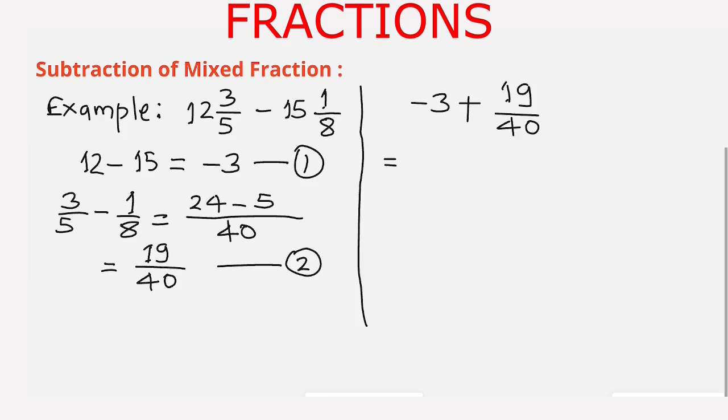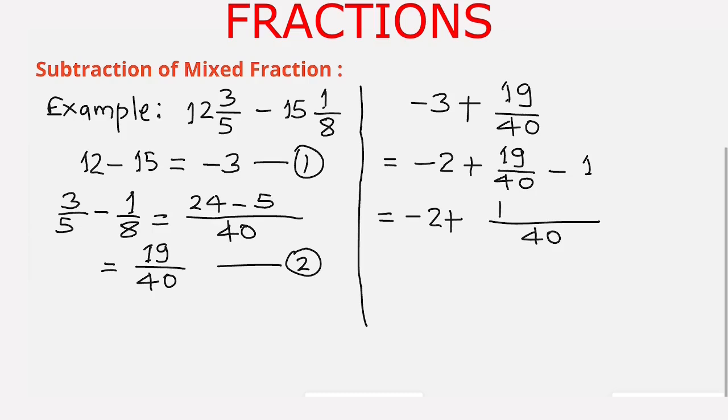This is equal to minus 2 plus 19 upon 40 minus 1. We have split minus 3 into minus 2 and minus 1. So this is equal to minus 2 plus, LCM of 40 and 1 is 40. So this is 19 minus 40.